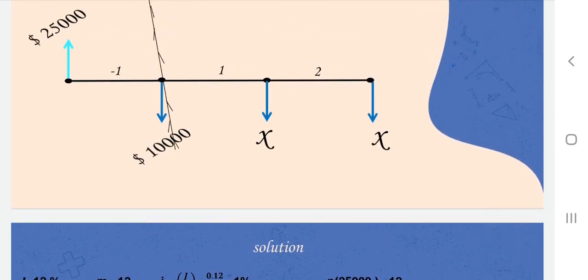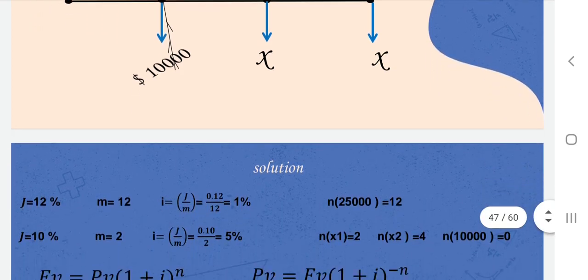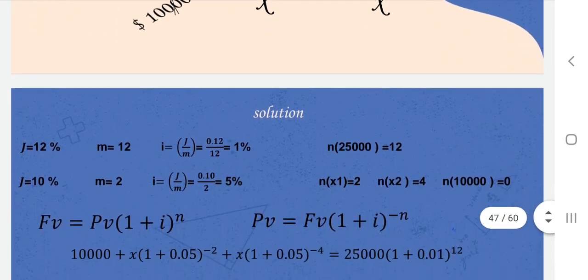To get N, note that the time for $10,000 equals 0, so N equals 0. The time for the first X equals 1, and because it's semi-annually, N equals 1 times 2 equals 2.